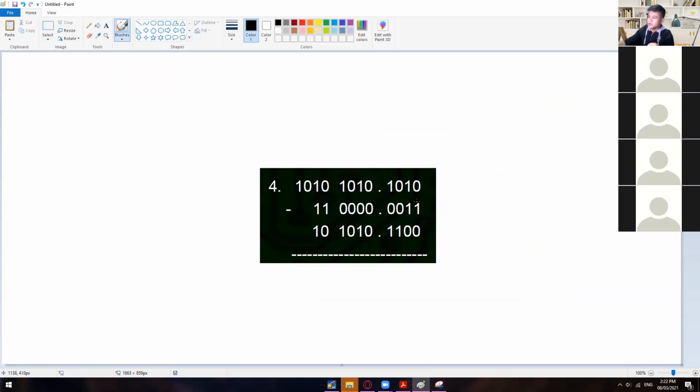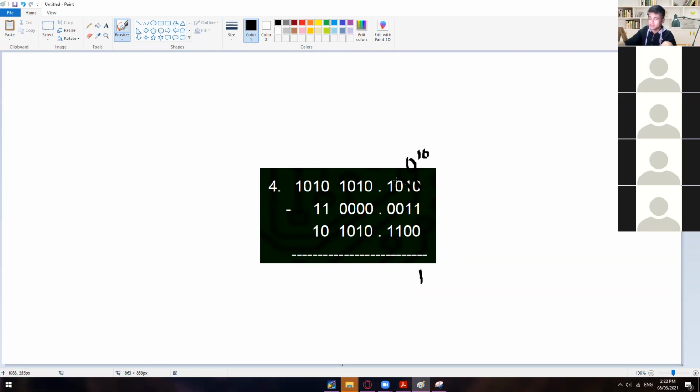So we have here 0 minus 1 cannot be. So we have to borrow from the neighbor. So number 1 will become 0, but this 0 will become 10. Right? So 10 minus 1 is 1. Right? And 0 minus 1 cannot be, so we have to borrow.